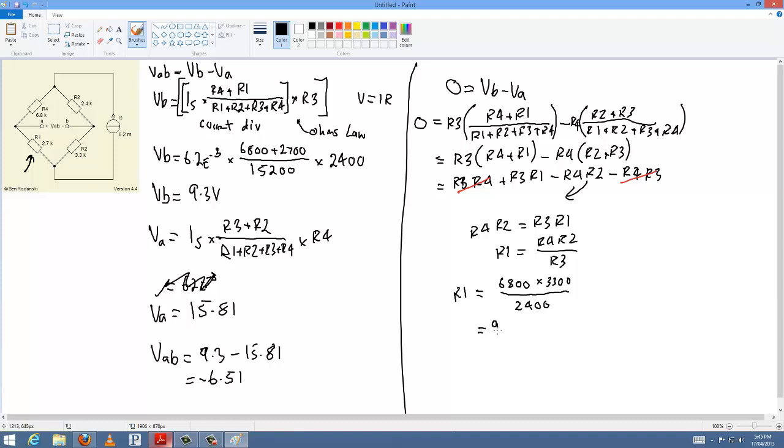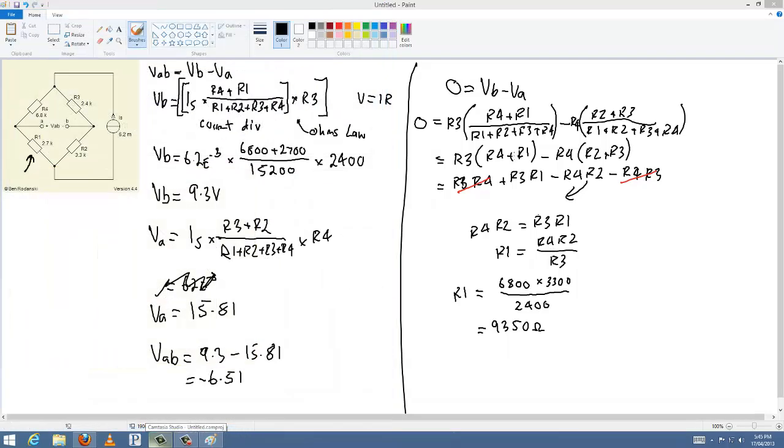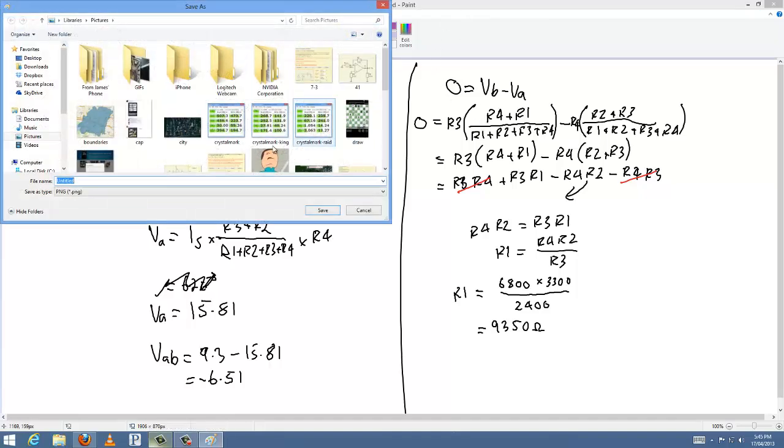That equals 9350 ohms. Double checking. There you go, and it's solved. Nice and easy. I will save all of these.